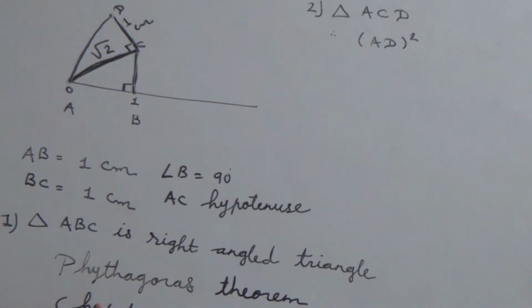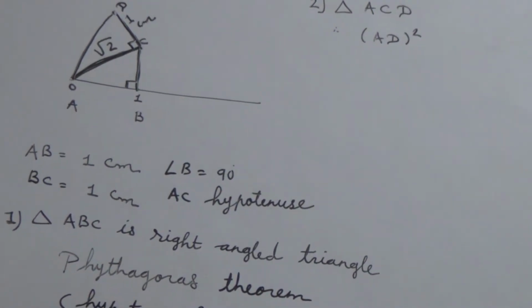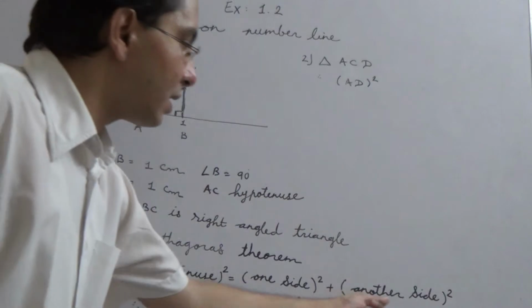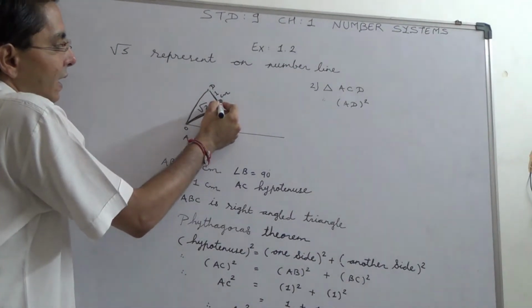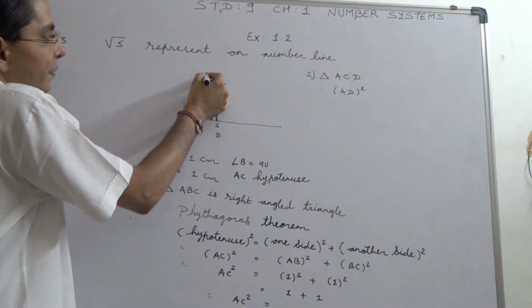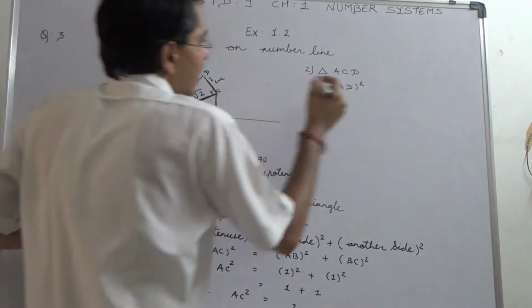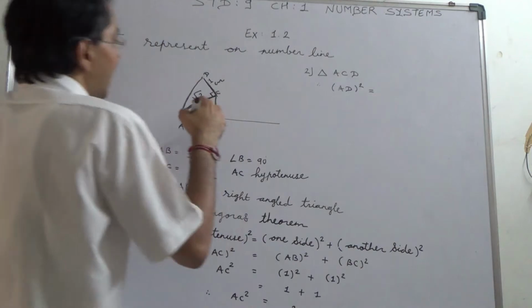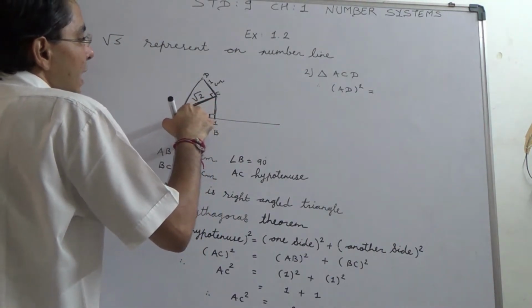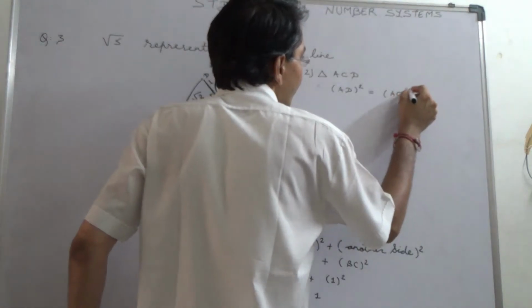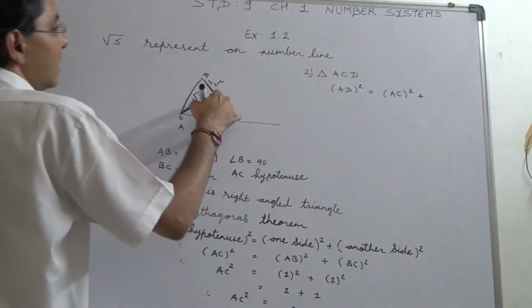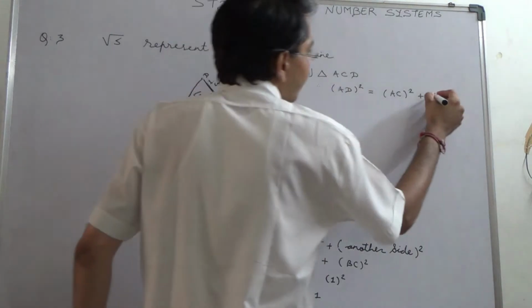Because the formula is hypotenuse square is equal to one side square plus another side square. So AD is equal to one side, AC, plus another side, CD.